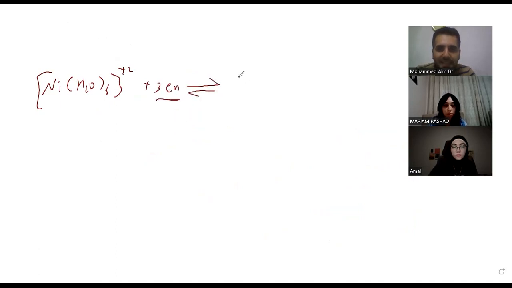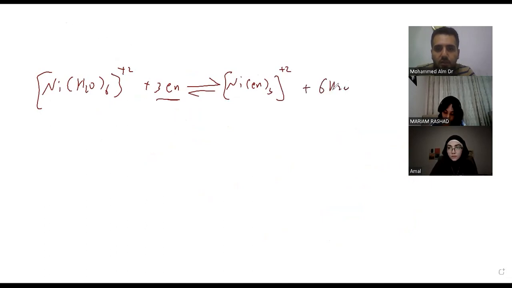It was the bidentate ligand, if you remember it. En, yeah. So en by 3 plus 2, we get this complex, plus 6 H2O. Usually such a question always has 1 mark, and you will be asked about it in each paper. Any paper, when you open it, you will find such a question.